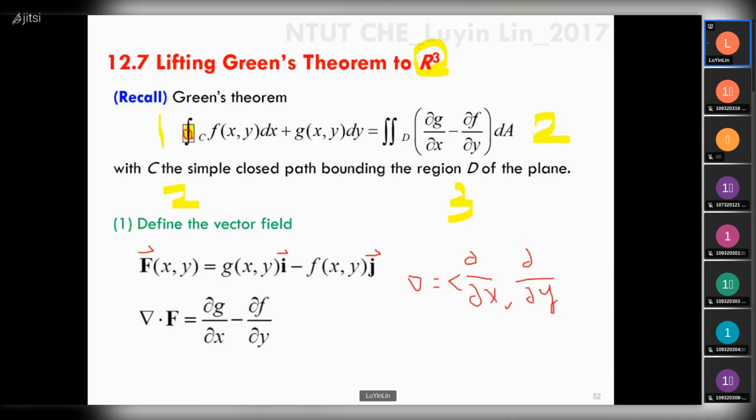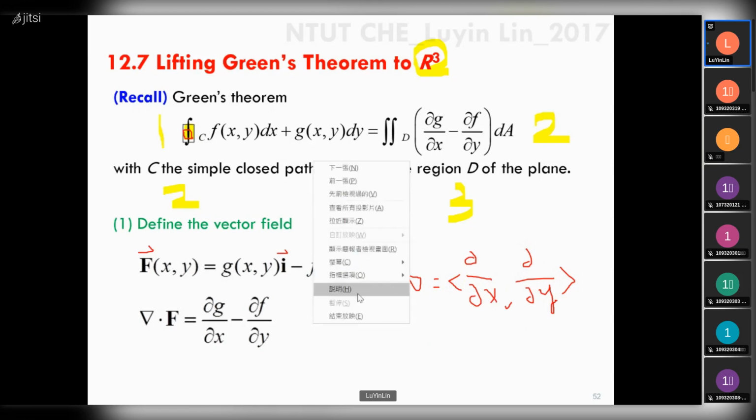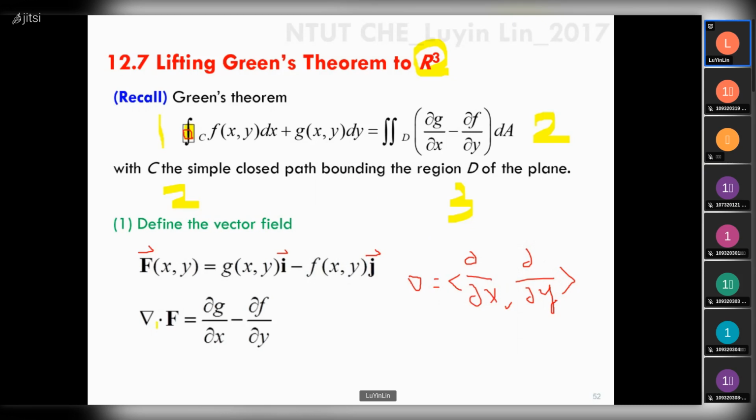Maybe you will see this in many spaces later. Okay, this one is partial x, partial y, a vector. This one is also partial x, partial y, a vector. So if you do the dot product of this one and this one, you will have this one. Okay, so first we defined F.